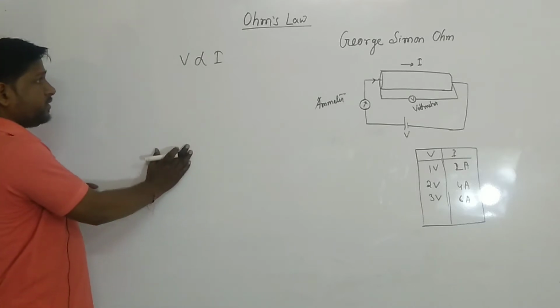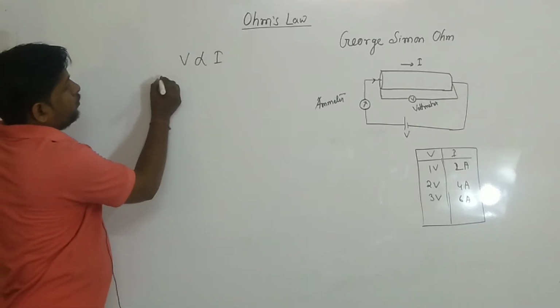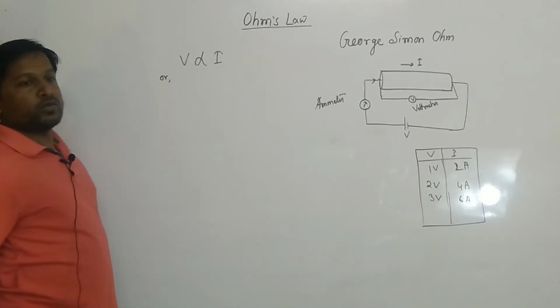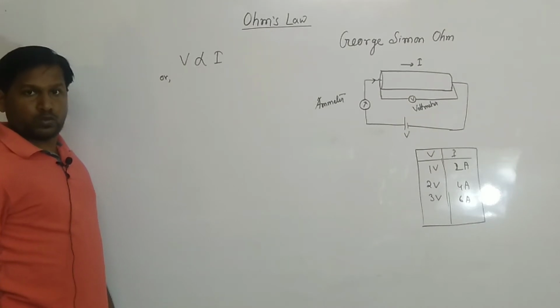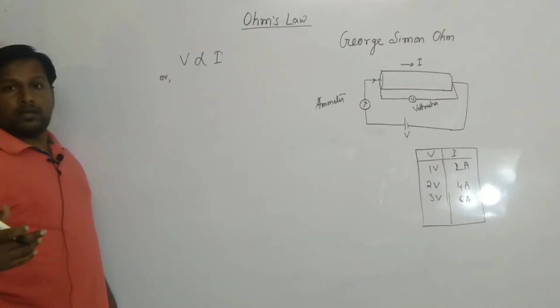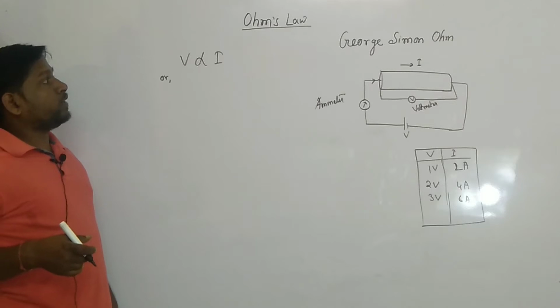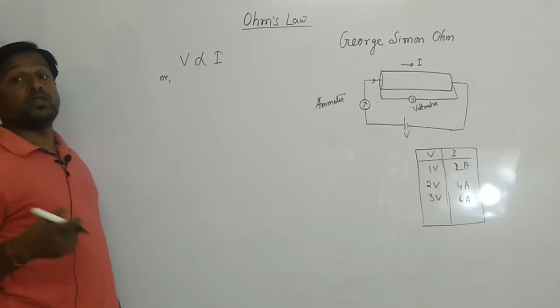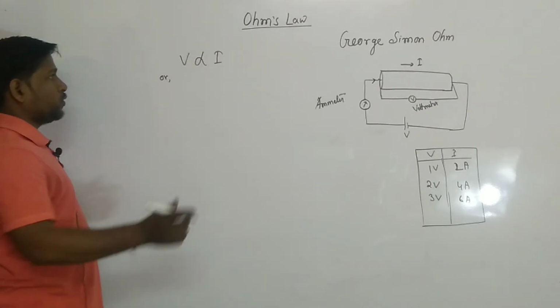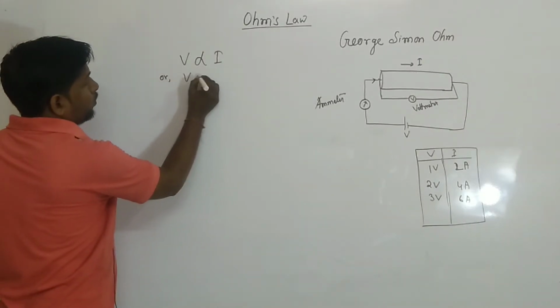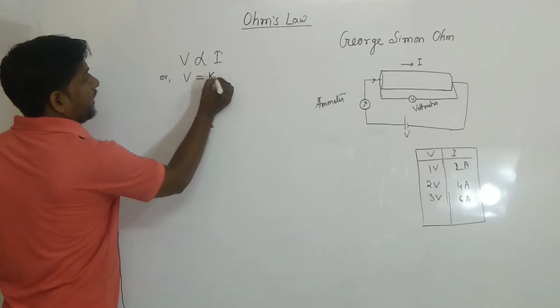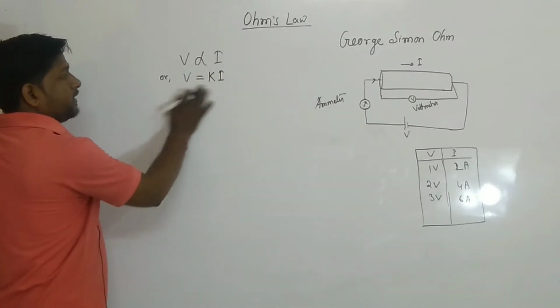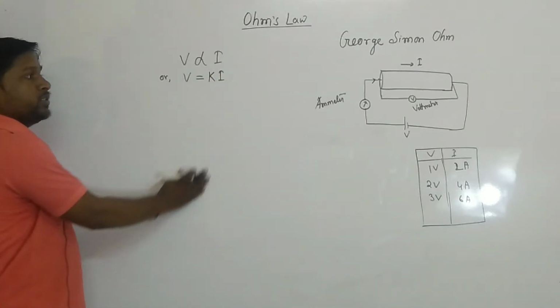And we know that when two different quantities are directly proportional to each other, as we already learned in our school days, we can equate them with the help of a proportionality constant. So here we will use a proportionality constant K, and this is how we can equate this equation.